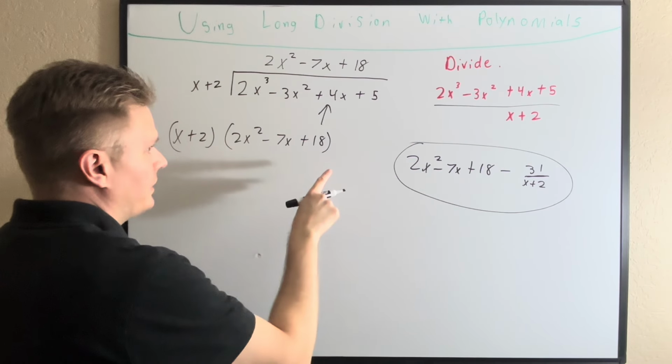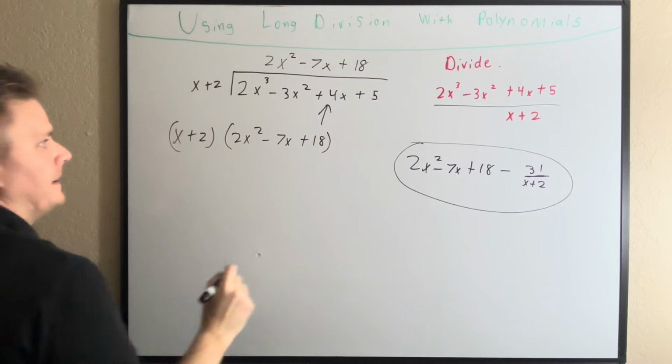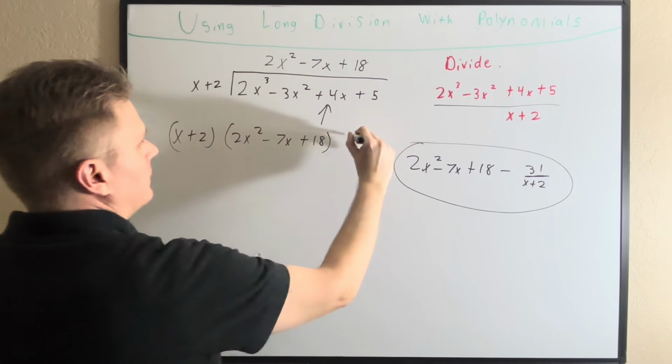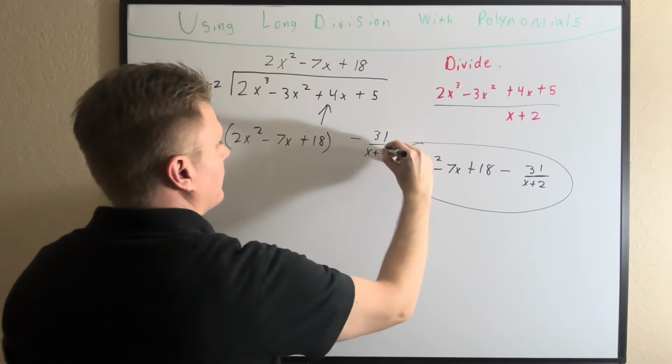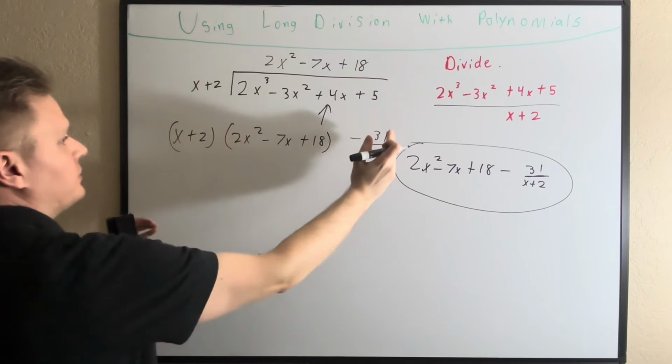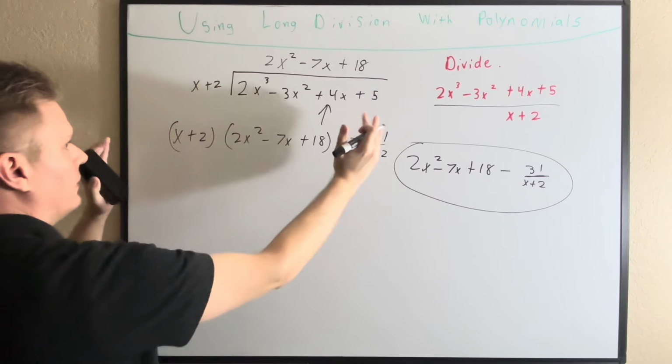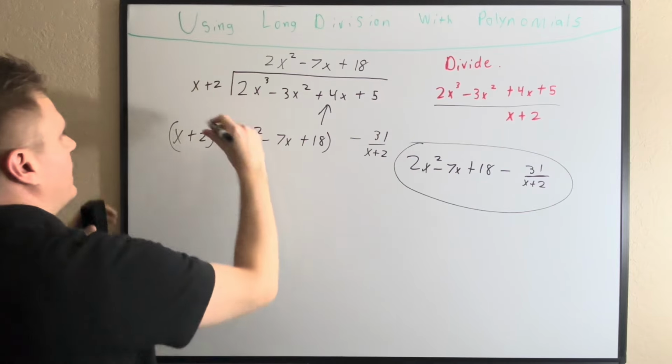Forget about the remainder for now. We're just going to add it later, or subtract it later, really. But for now, it's a separate term. It's not being multiplied by this, so we can ignore it for just now.